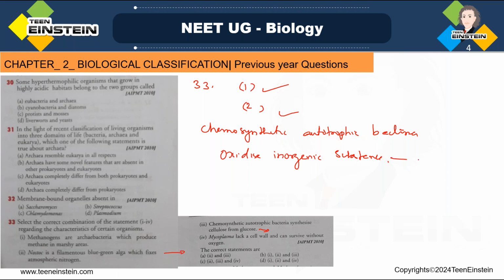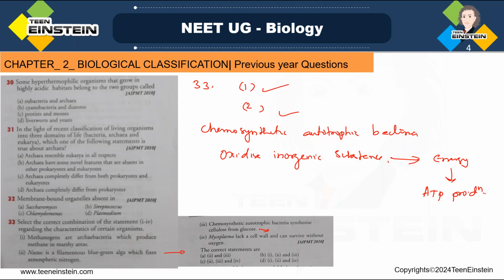For that, they oxidize and release energy, and this is utilized for ATP production. They also play a very important role in recycling nutrients like phosphorus, iron, sulfur, nitrogen, and so on.